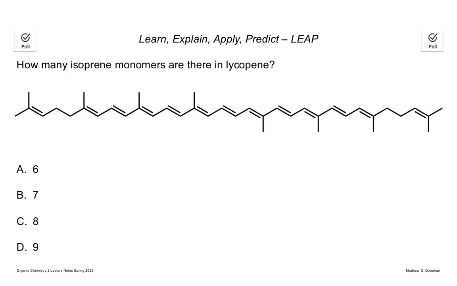So how many isoprene monomers are in lycopene? So again, if you're looking for the methyl groups, that's sort of where to start. So 1, 2, 3, 4, 5, 6, 7, 8.